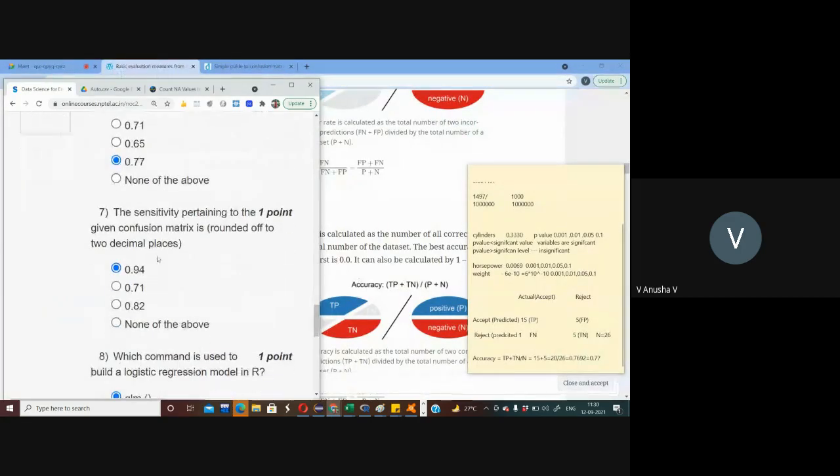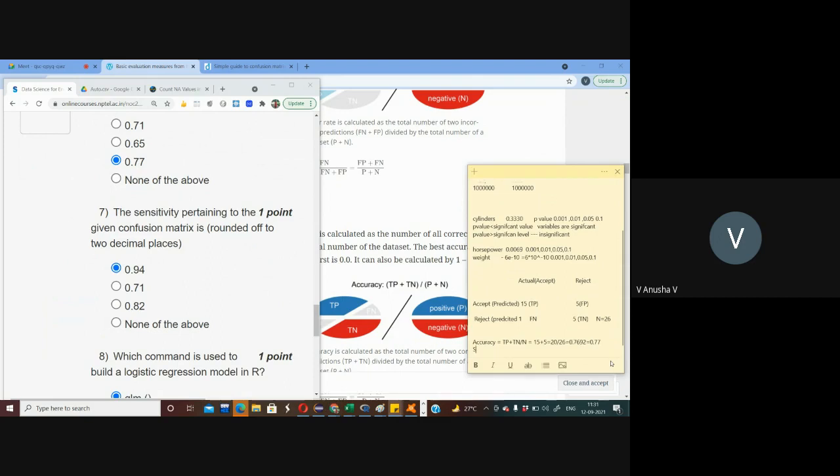Okay. Next, you have to find the sensitivity. Sensitivity is nothing but the correct predictions by the total number of positive cases, right? We have already seen it. Sensitivity equals true positive by true positive plus false negative.